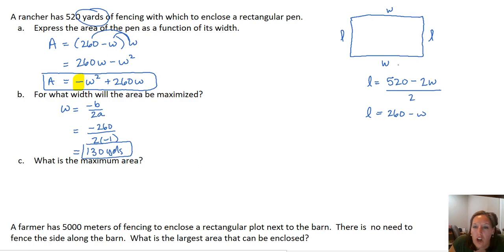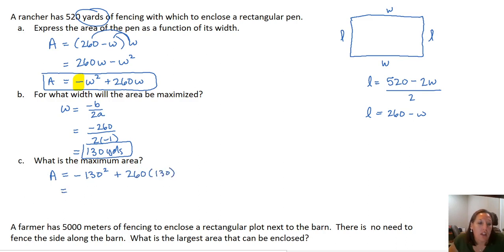So 130 yards is going to give us that maximum area, 130 yards on our width, and then we'll plug that back in to find out exactly what our maximum area is going to be. So we'll get -130 squared plus 260 times 130.